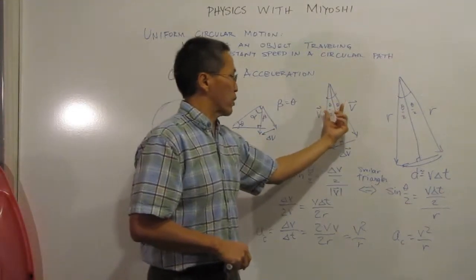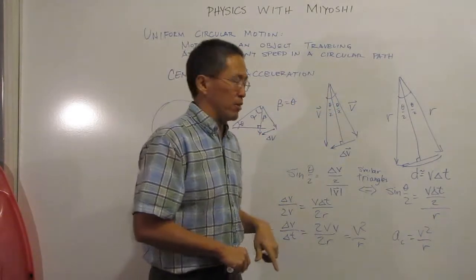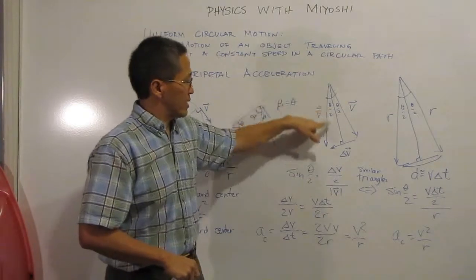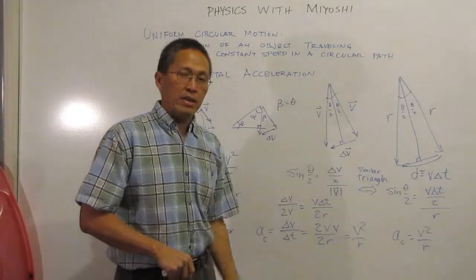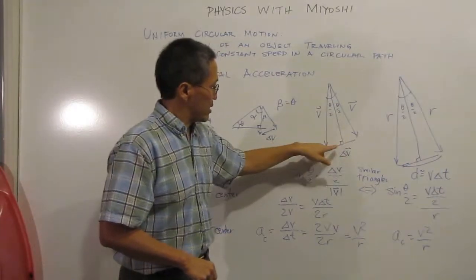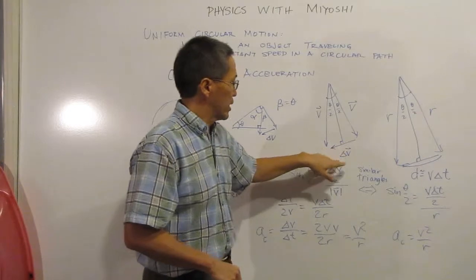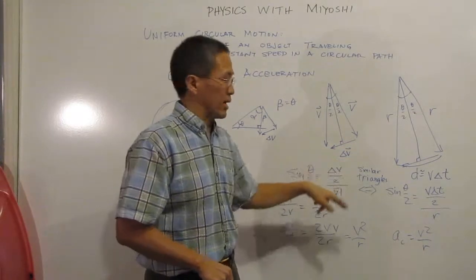What we want is for theta to get smaller and smaller. As theta gets smaller, this is an isosceles triangle no matter what, and this vector is always going to be my change in velocity.